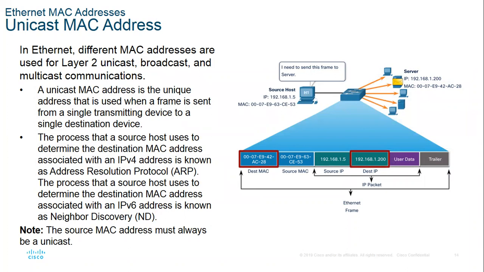I told you in the previous slide that to be able to transmit your Ethernet frame to your destination, you need to build your Ethernet frame. You have to identify your MAC address as the source MAC address, which you can get from your network interface card, and you need to find the MAC address of the destination.